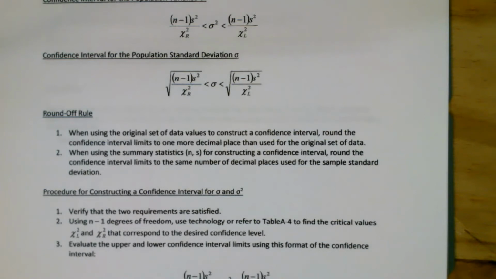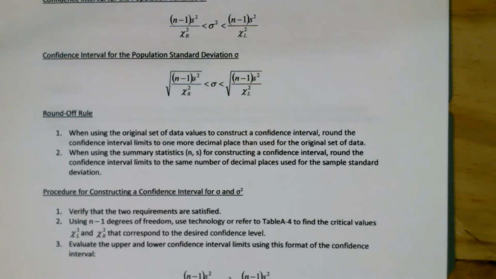So if your data set is all whole numbers, then you're going to round your limits to one decimal place. Or if your whole data set was to one decimal place, then your limits would be to 2 decimal places, and so on.